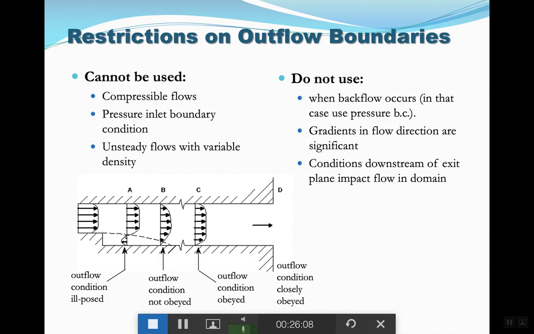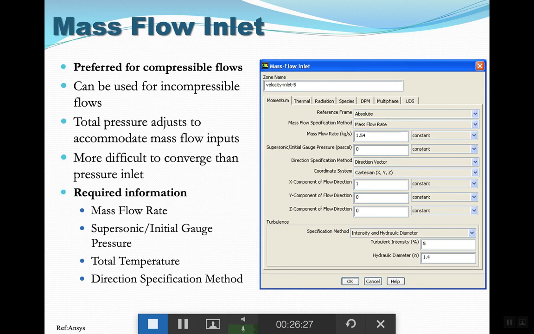There are some restrictions on the outflow boundary condition. You cannot use it with compressible flow, and you cannot use it with pressure inlet boundary condition. These are the two most common mistakes people make. So remember, do not use it with compressible flow and do not use it with pressure inlet boundary conditions.